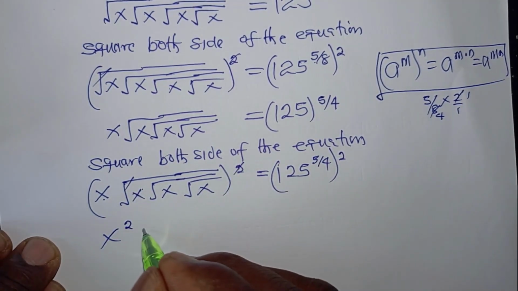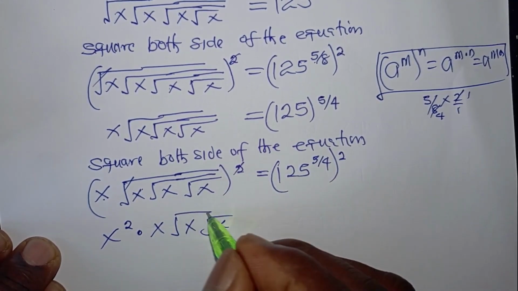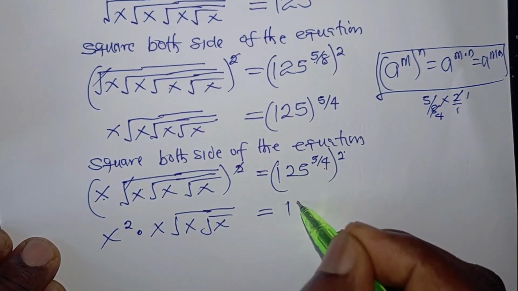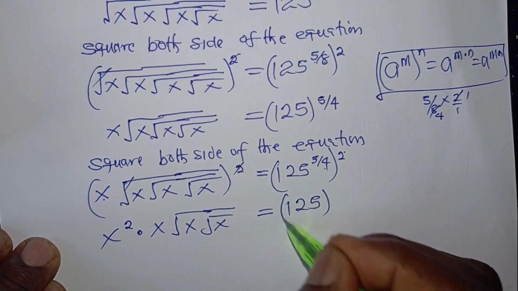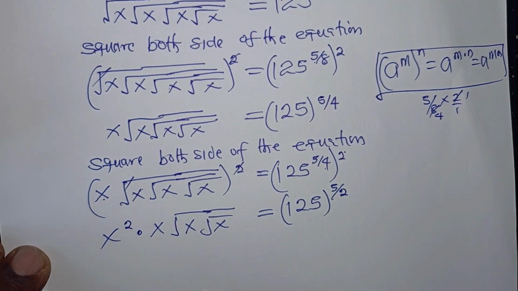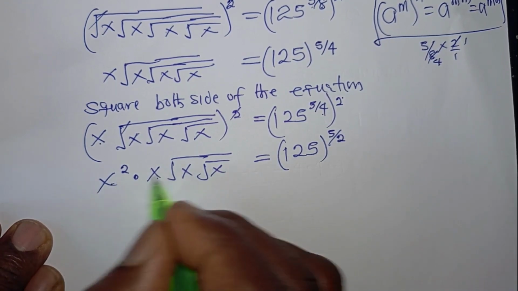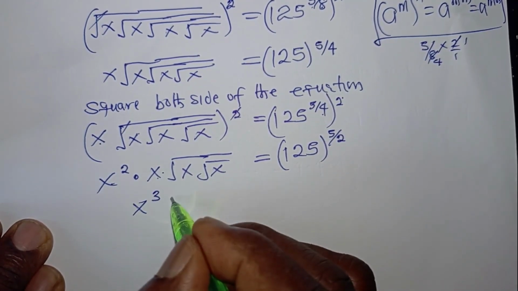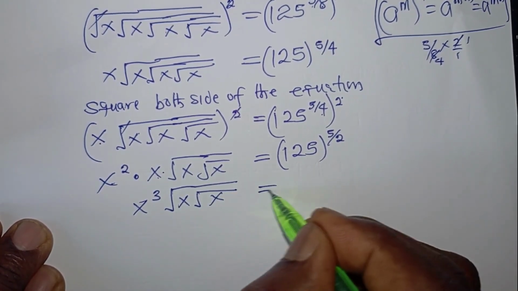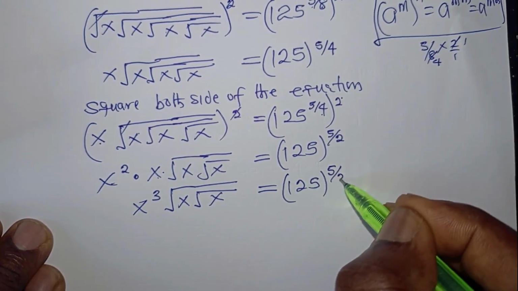So we now have x, square root of x, square root of x equals 125 raised to the power 5 over 4 times 2, which gives 5 over 2. Here x squared times x will give us x to the power 3, square root of x and the square root of x equals 125 raised to the power 5 over 2.